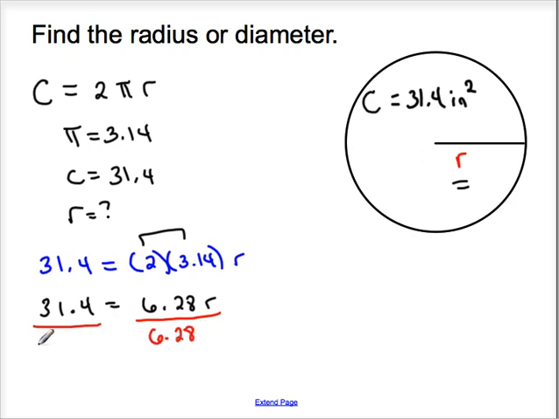What I do to one side, let's do to the other side. So we have 6.28 over 6.28, leaving me with just r. So r equals 31.4 divided by 6.28, and you should get an answer of 5. We're talking about the radius, and our circumference was in inches, not inches squared. So the radius here is 5 inches.